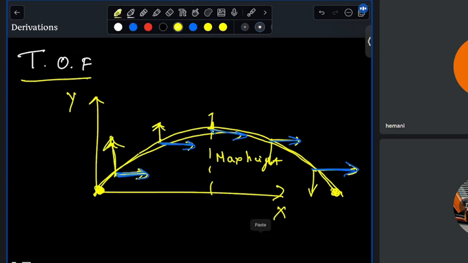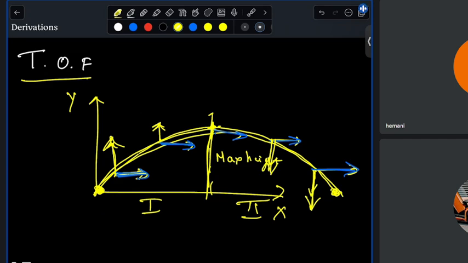If you see the length of it, this is phase number 1, this is phase number 2. In the first phase, the length of the y vector keeps on decreasing, meaning the velocity of it is decreasing. But in the second phase, it keeps on increasing, in the opposite direction. It is being pulled towards the ground due to gravity.